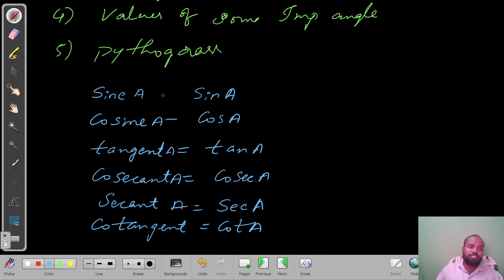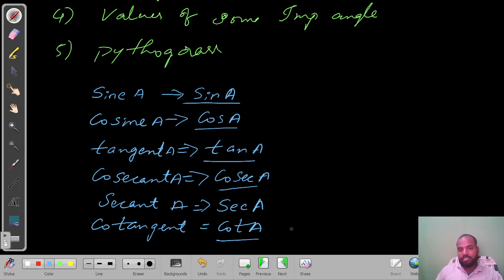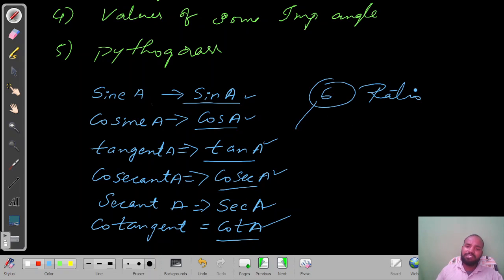Sine A we simply write sine A, and cosine we simply write cos A. Tangent we write tan A. Cosecant we write cosec A. Secant we write sec A. Cotangent we write cot A. So these are the six, yes or no? One, two, three, four, five, six. These six ratios we use in trigonometry.